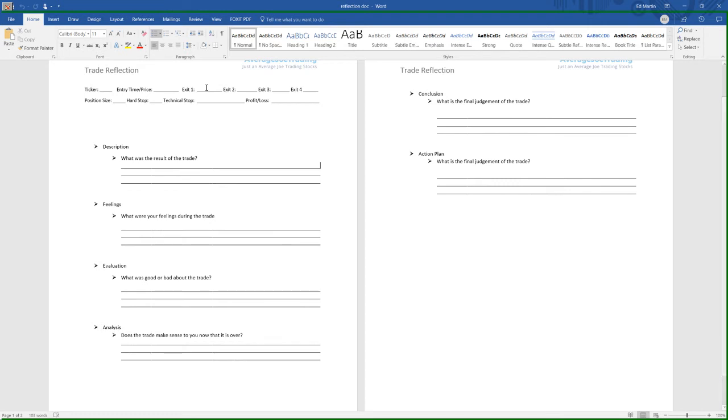No, what was it? 56.25. That would have been my exit 1. And then my profit loss was $100.87. So I had a max loss of 100 on that trade. That's what I intended to have, and I stuck to it, and it had a max loss of 175.